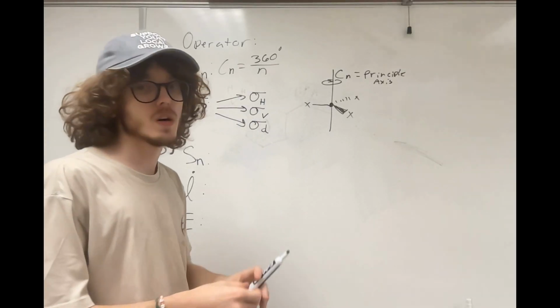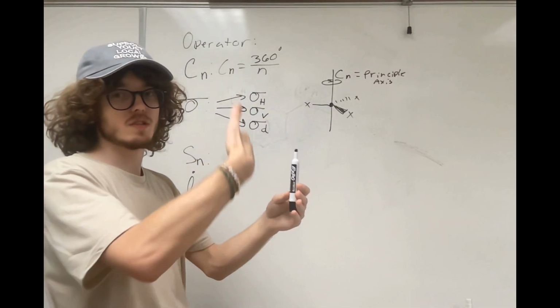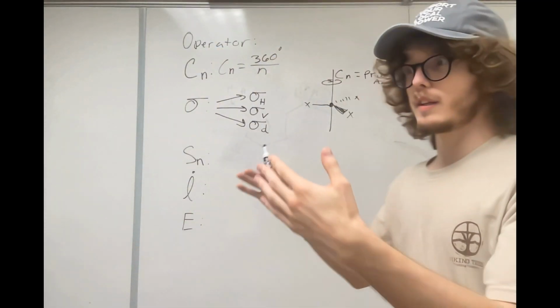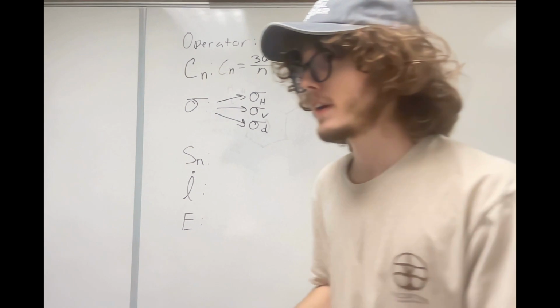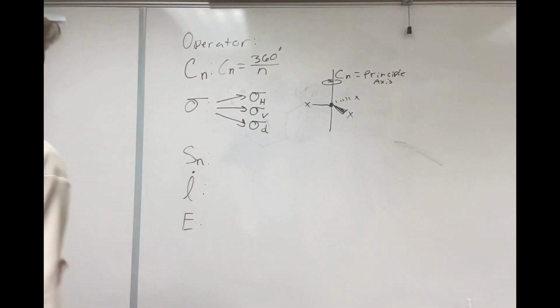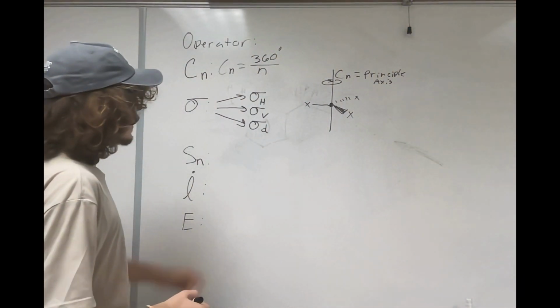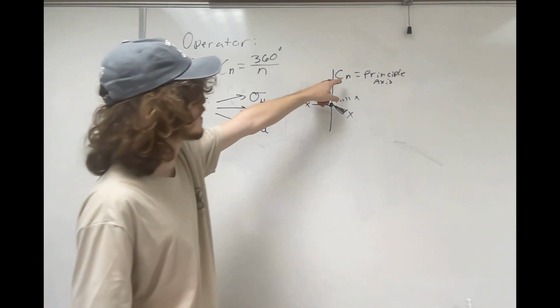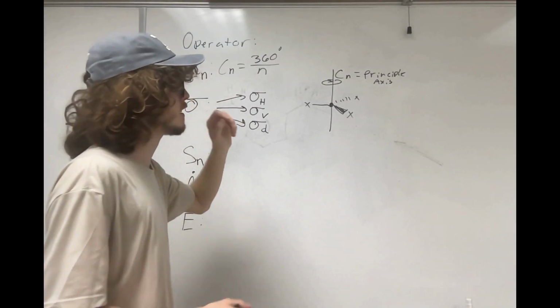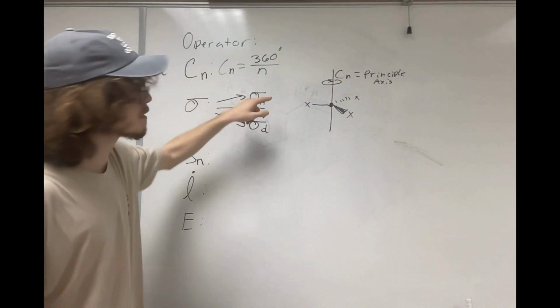Basically mirrors. So if I have a plane of symmetry right here, I would expect to see another one of myself right here. It's really simple. I hope that you've seen mirrors in your life. Sigma h is perpendicular to Cn. So if there exists a Cn, there might be a sigma h.